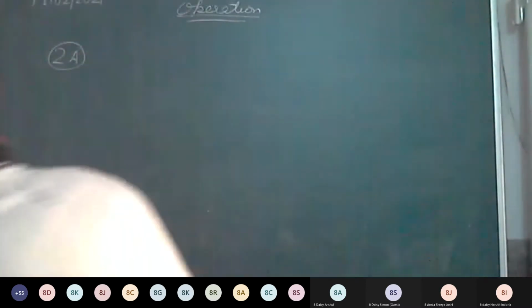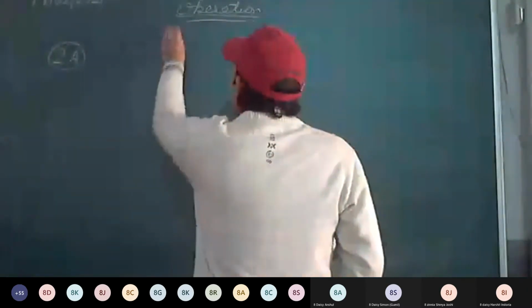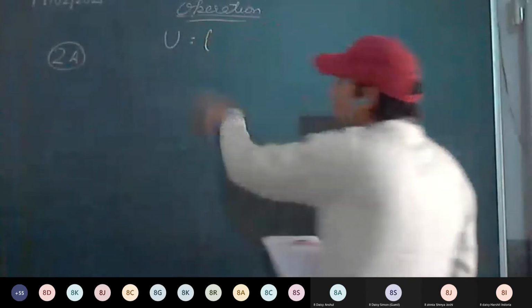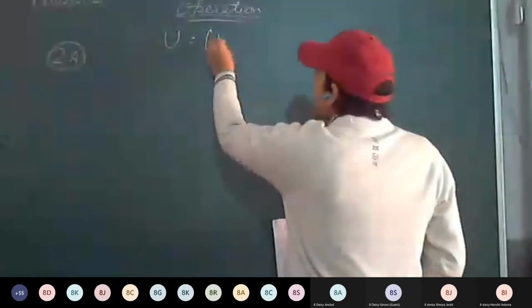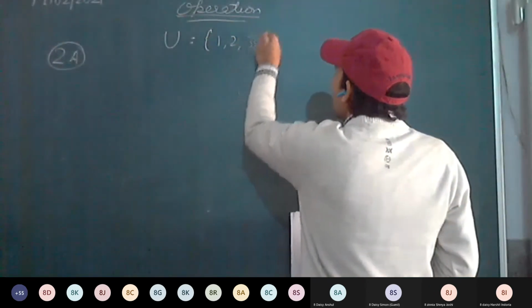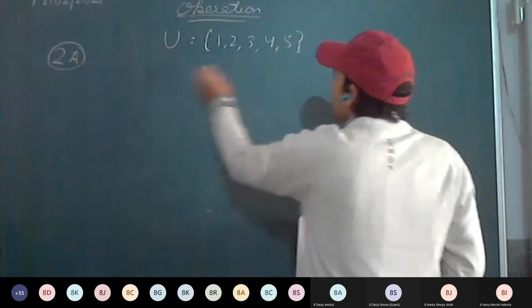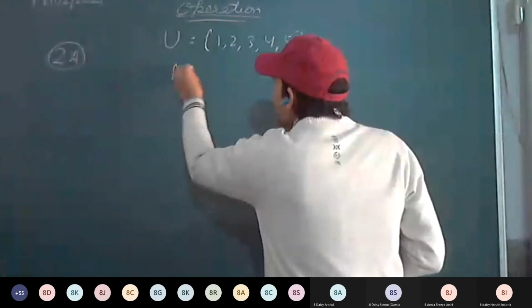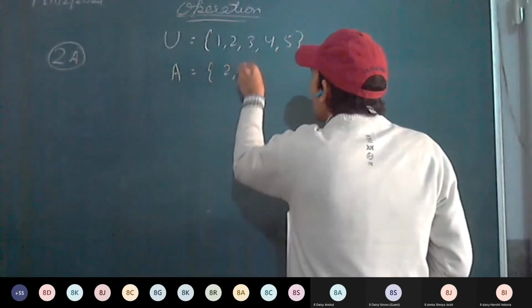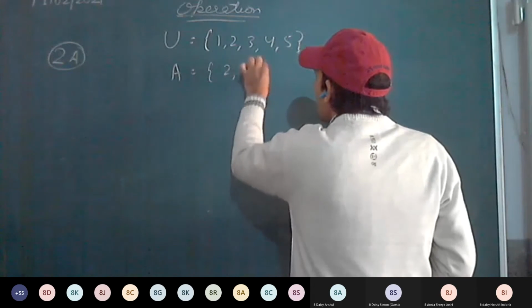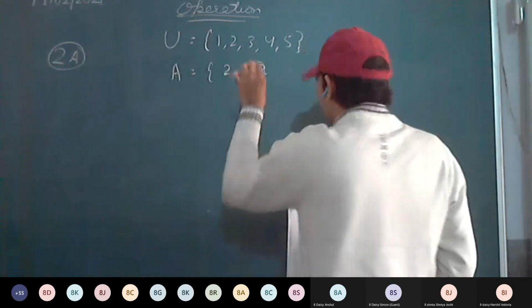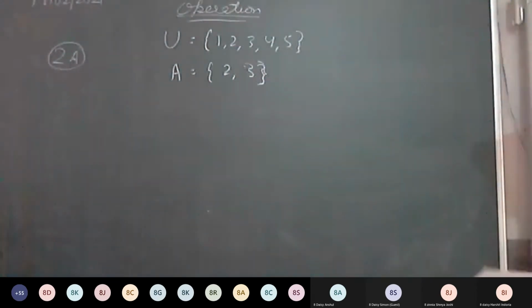Now, for example, a universal set is given to you. The universal set contains all the elements under consideration: 1, 2, 3, 4, 5. Now set A is given, 2, 3.